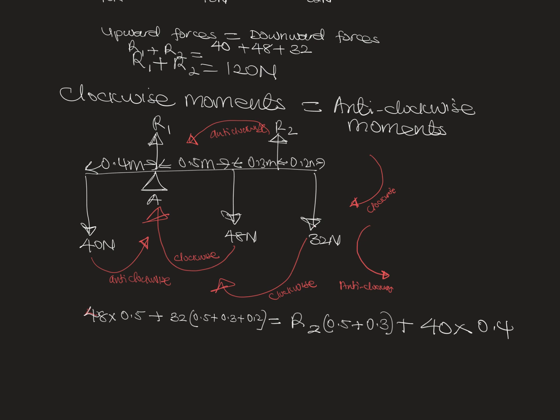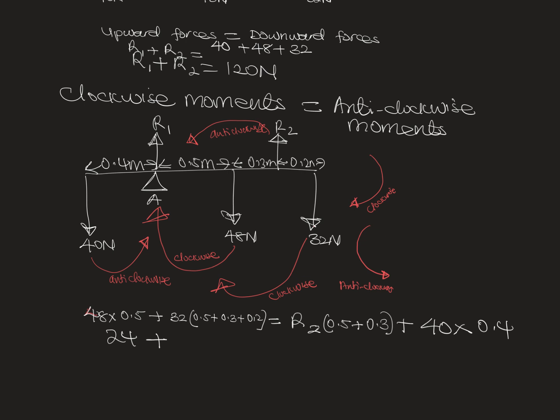48 times 0.5, that is 24, plus 32 multiplied by (0.5 plus 0.3 plus 0.2).